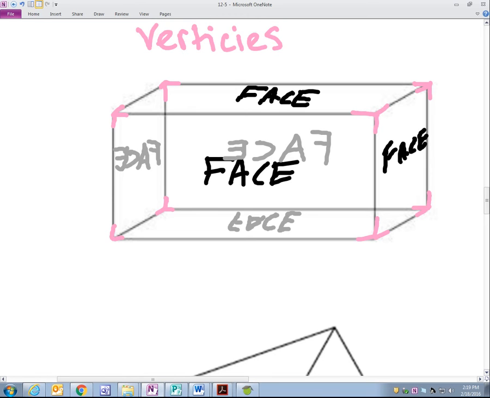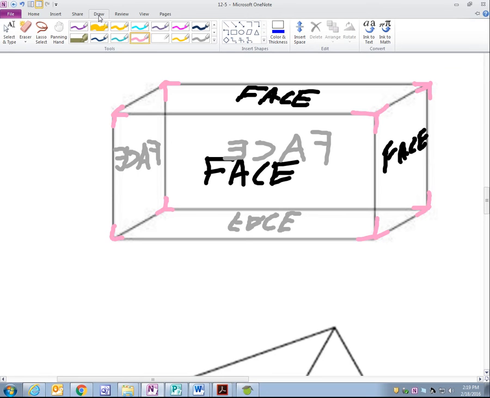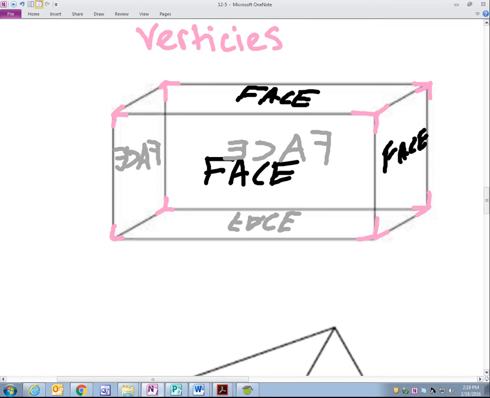Those are the vertices. You would draw an arrow from where you wrote the word vertice to the vertice. Corners are vertices.